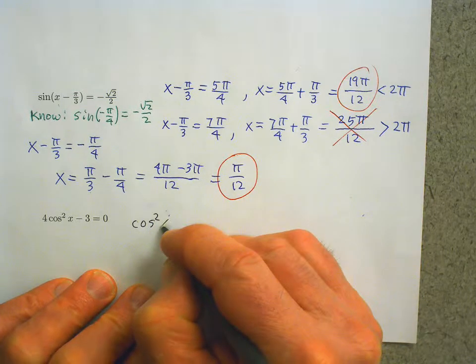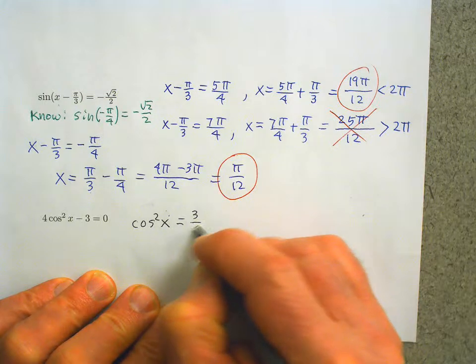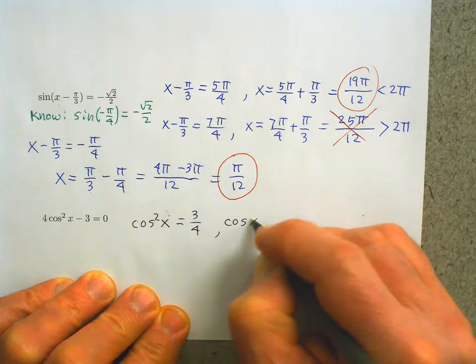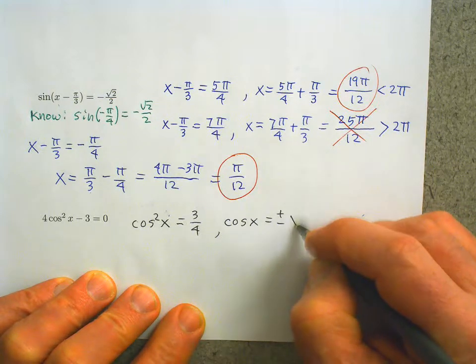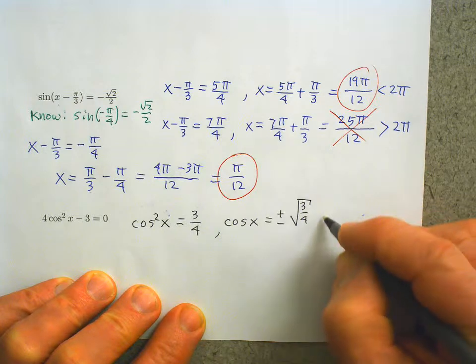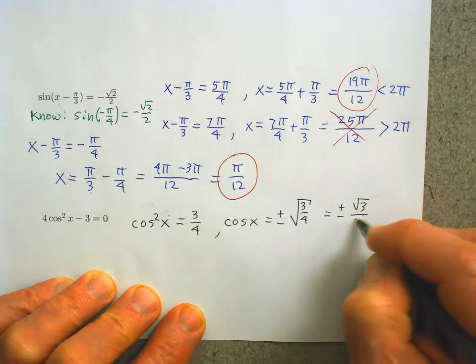So we get cosine of x squared equals 3/4. And so cosine of x equals positive and negative square root of 3/4, or positive and negative square root of 3 over 2.